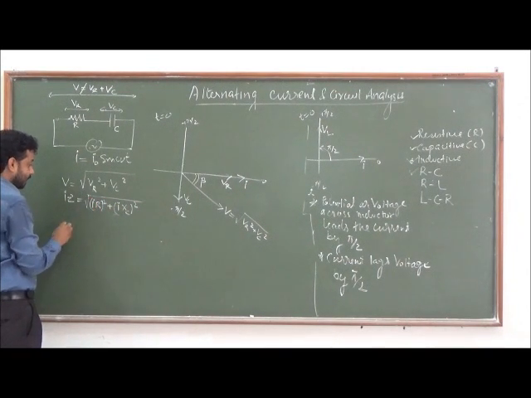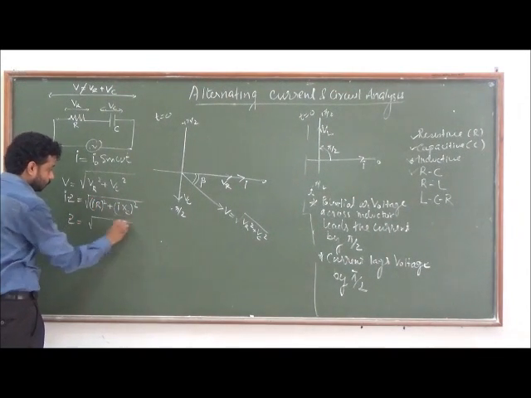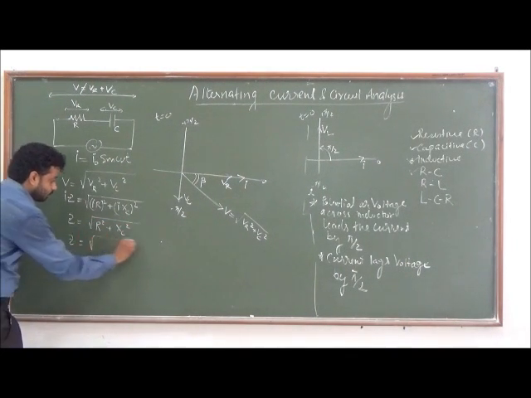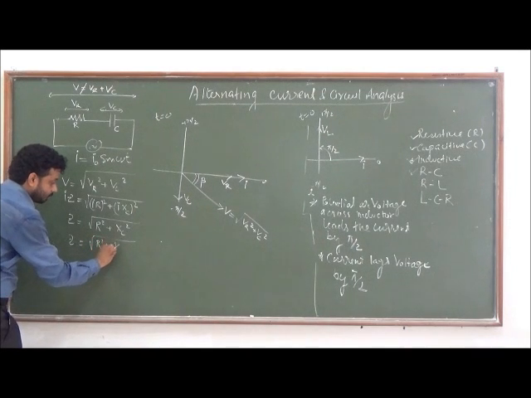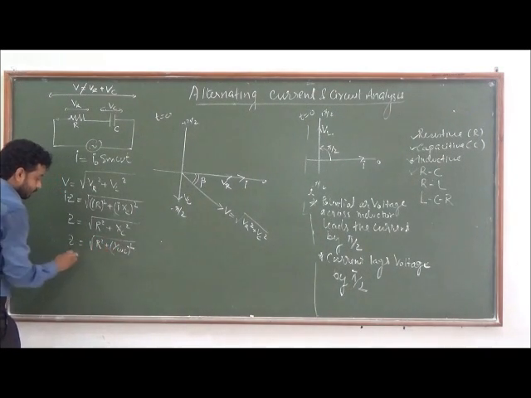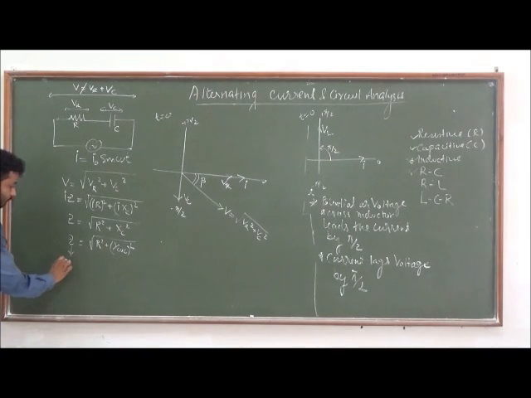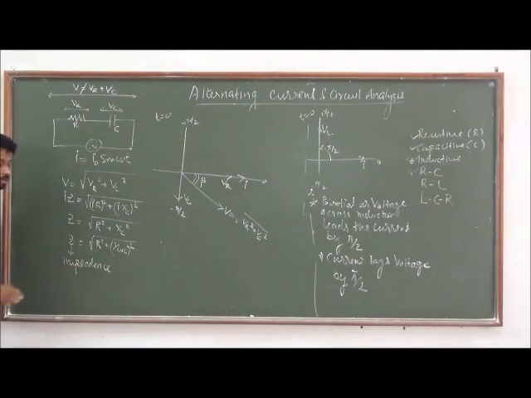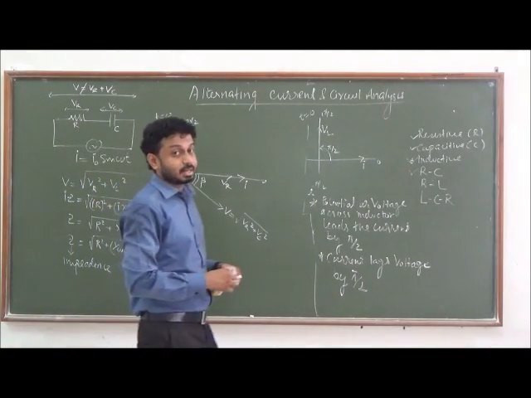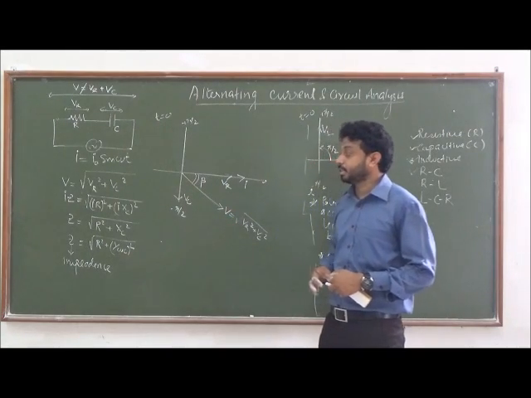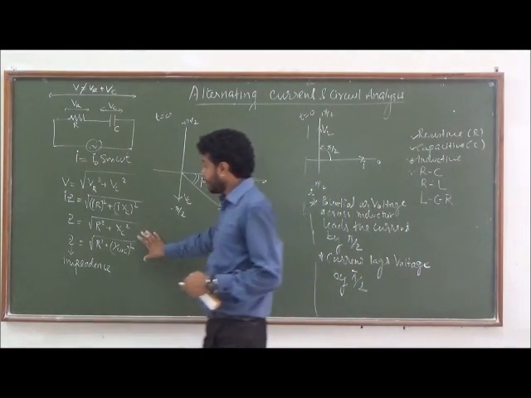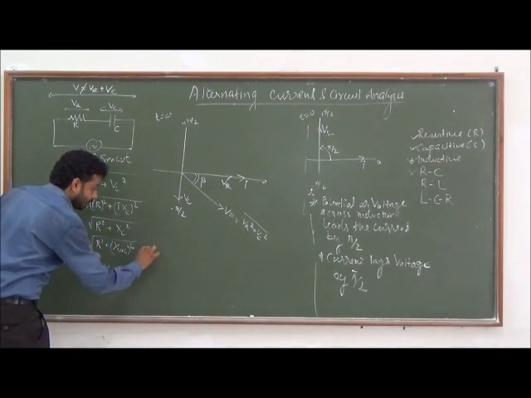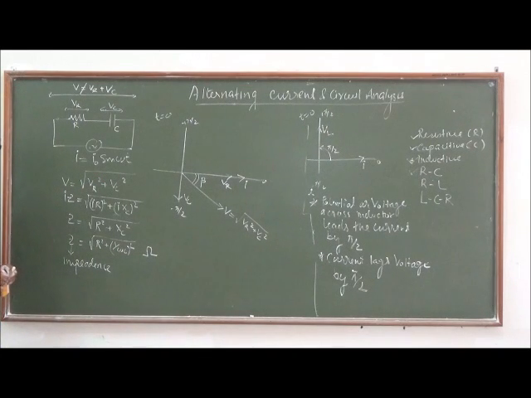Now the I gets cancelled out, so Z will be equal to root over R square plus XC square. This you can also write as root of R square plus 1 by omega C the whole square. This Z which is appearing here is called impedance, the net resistance offered by the whole circuit, including the resistance and the capacitance. So this is the impedance of a circuit of R and C, and it should also have a unit of ohm.